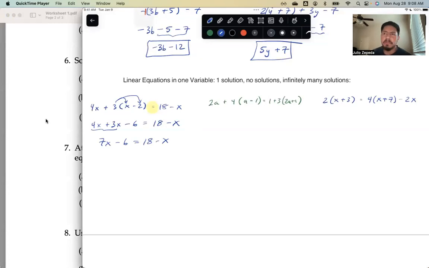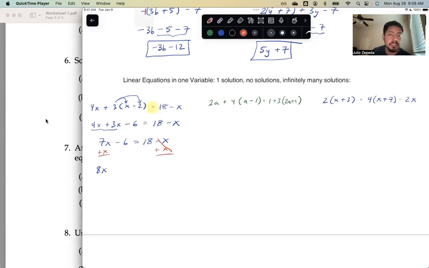And now we've simplified both expressions as much as they can on each side. And so what we can do now is move all the variable terms to the left-hand side. I can do that by adding x to the right-hand side; I would have to add x to the left-hand side as well, and that would give me 8x.